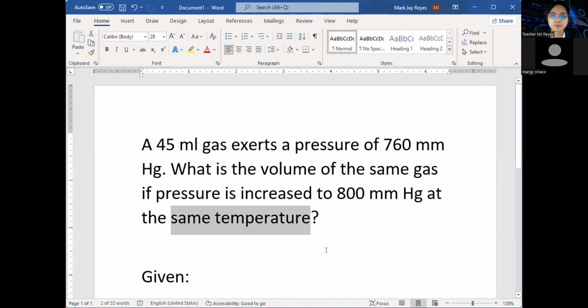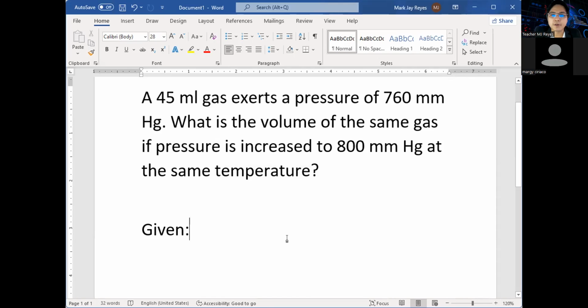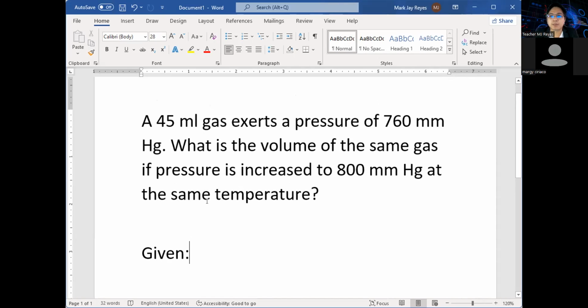So again, in dealing with problems concerning gas laws, or in dealing with any scientific problem, you need to check first the given.